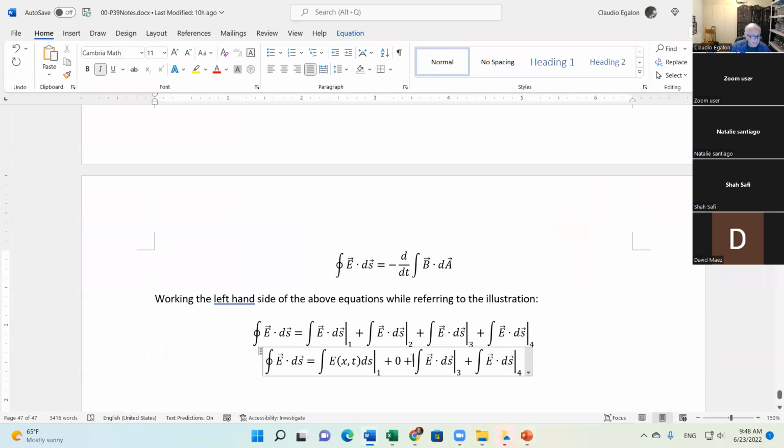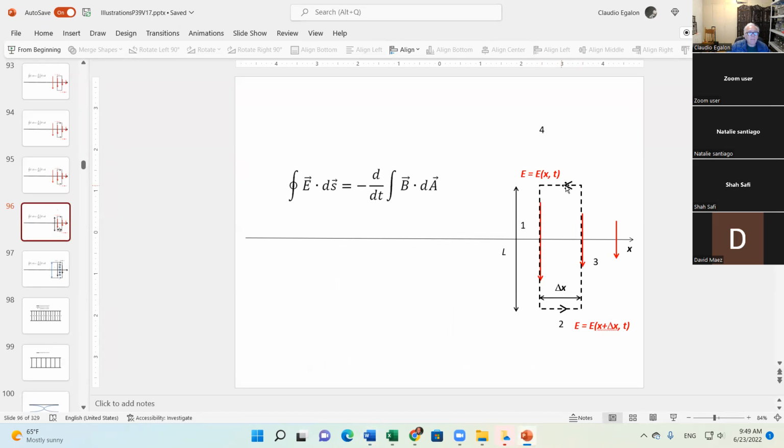So I'm going to put a negative sign here, and they're anti-parallel to each other. And what else do I have to put here? I have to put a delta x inside the parentheses. And finally, over path number 4 is going to be 0 as well, because the electric field is perpendicular to the direction of the path.